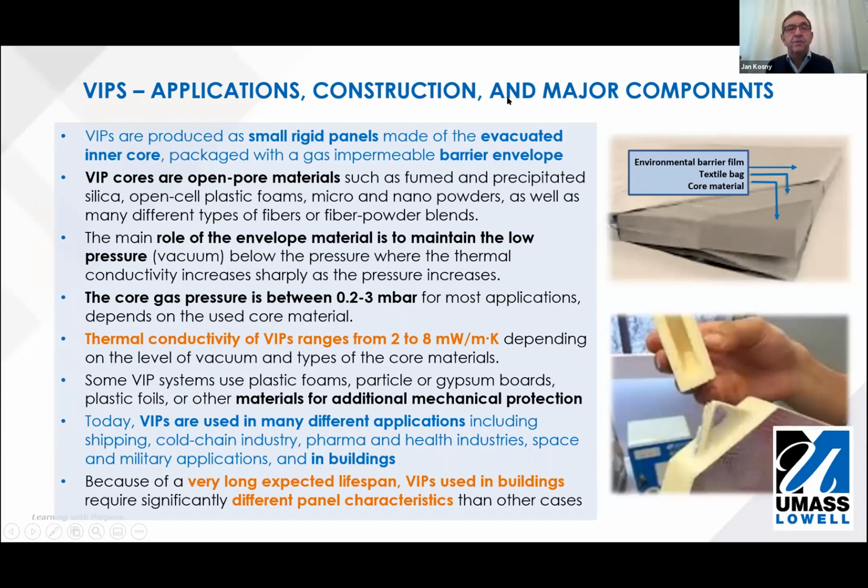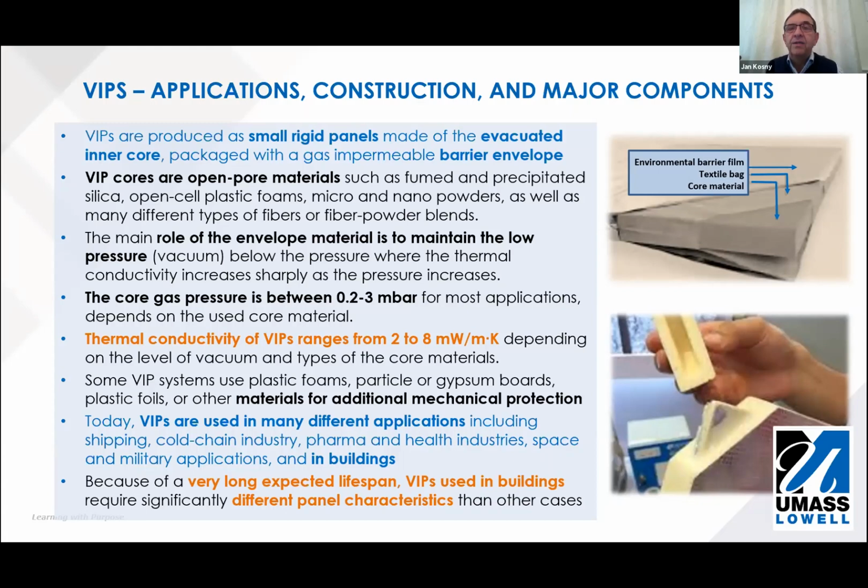So what are VIPs? VIPs are small pieces of insulation usually made as panels, and they have three major components. The first component is the core material, which is open cell, open pore material. The second one is missing air in those pores, that means vacuum.